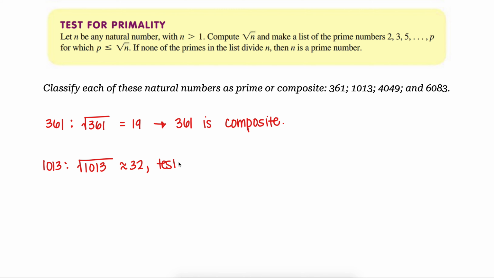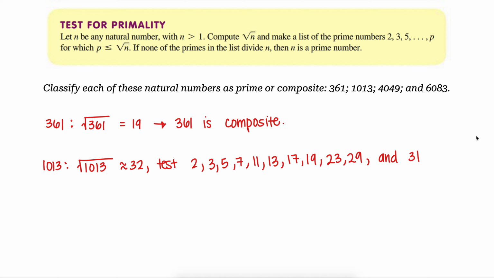So that means we're going to test 2, 3, 5, 7, 11, 13. You can hopefully see why a calculator might be handy. 17, 19, 23, 29, and 31. Those are all of the prime numbers less than 32. If you test these out, again, this is where the calculator is handy.